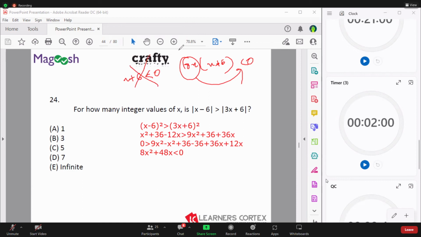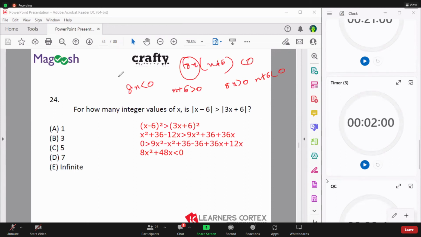The thing is 8x can also be less than 0. The possibilities will be 8x less than 0 and x plus 6 greater than 0, and then 8x greater than 0 and x plus 6 less than 0. So these here are the possibilities.